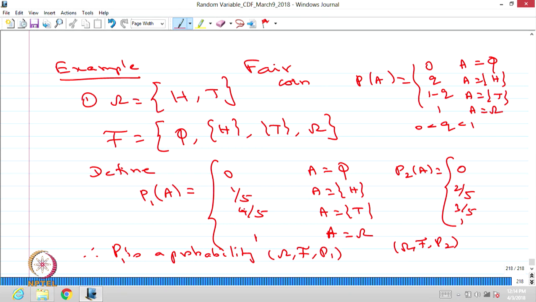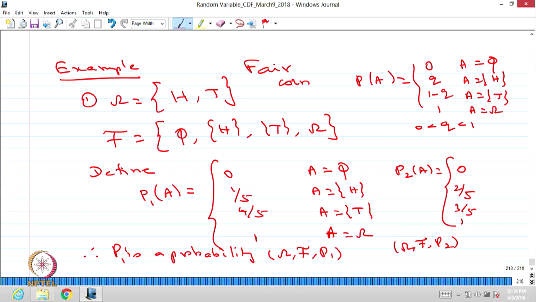Then it corresponds to the random experiment of tossing a fair coin or unbiased coin. So whatever we discussed in school days or at the elementary level, having probabilities 1 by 2 and 1 by 2, is one of the probability spaces.